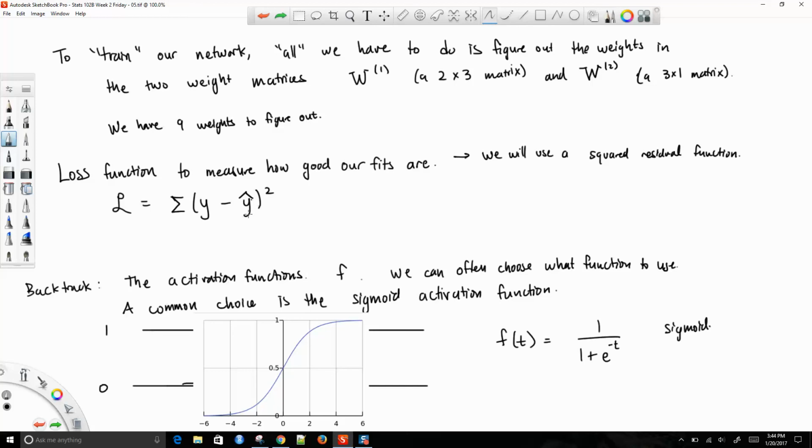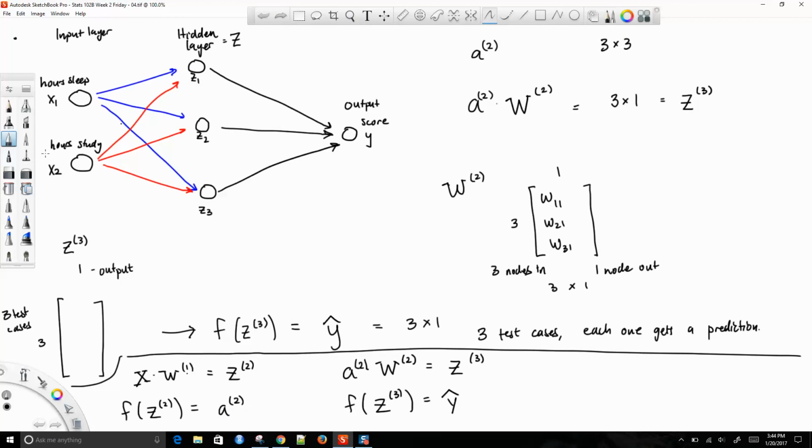And just keep in mind, what is our y hat? If we flip to the previous page, how did we get to y hat? We applied this sigmoid here, and then this is the product of all of this, and then we applied the sigmoid here, and this is the product of that, right?